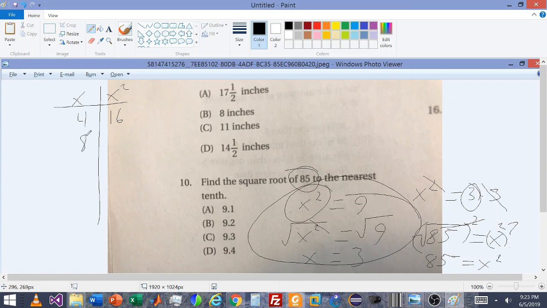Let's double it. 8 squared is 64. So we're getting closer, okay? Let's go another step up. Let's do 10. So 10 times 10, 100. So what does that mean? That means that our value we're looking for has to be somewhere between 8 and 10.